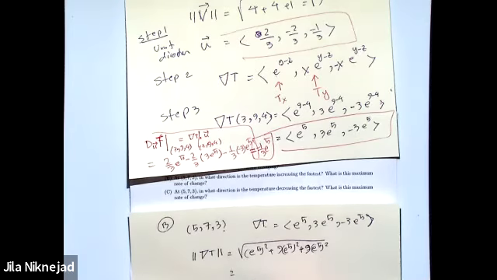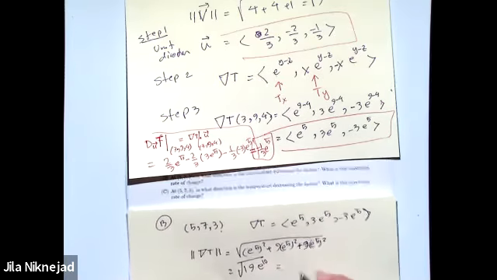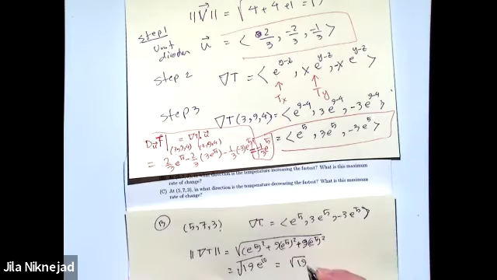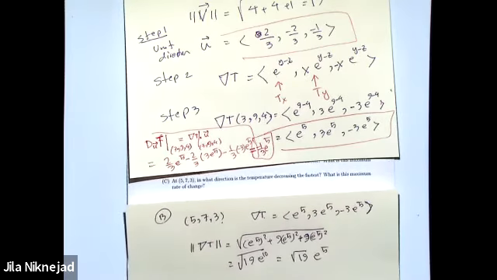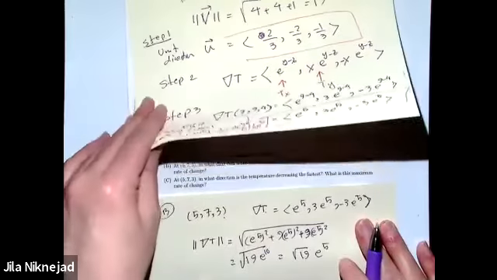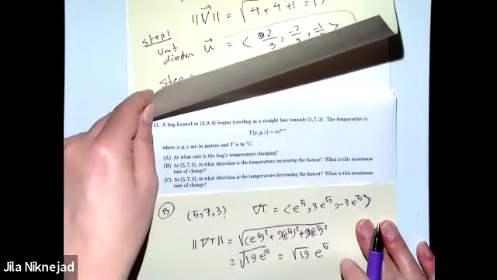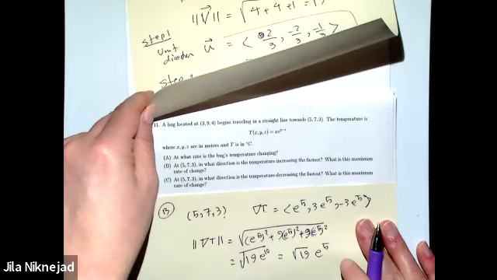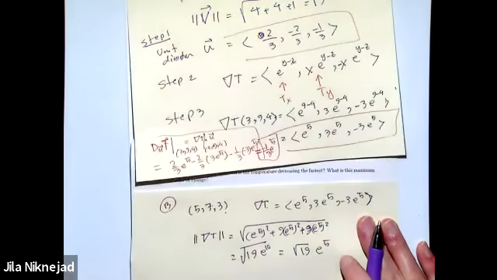And that is what? 1 plus 9 plus 9 is 19, e to the power 10, so the square root of 19 times e to the power 5. Okay, so that was part B.